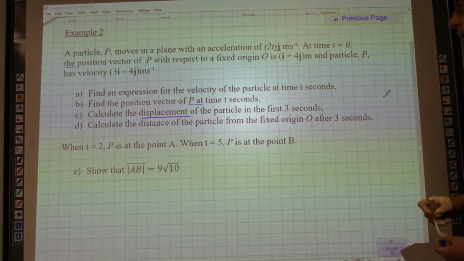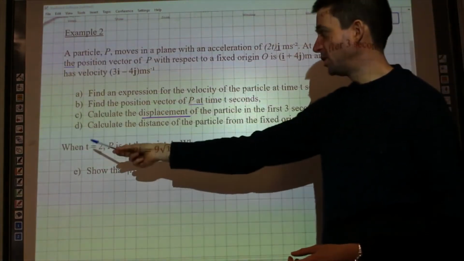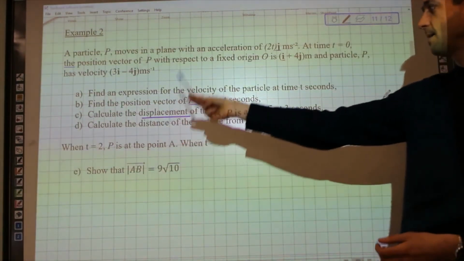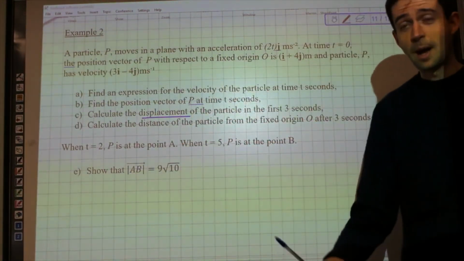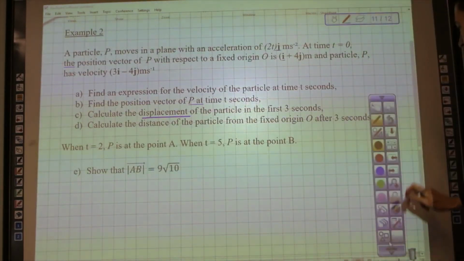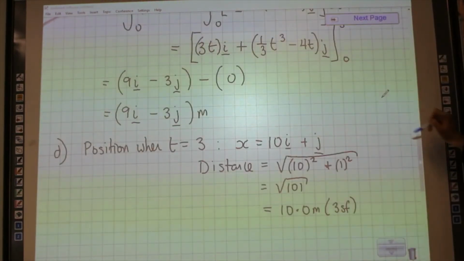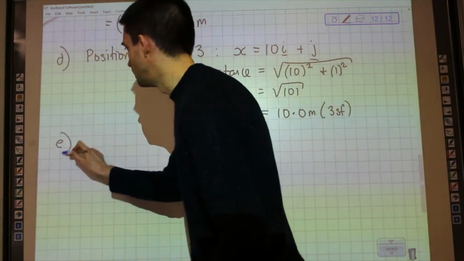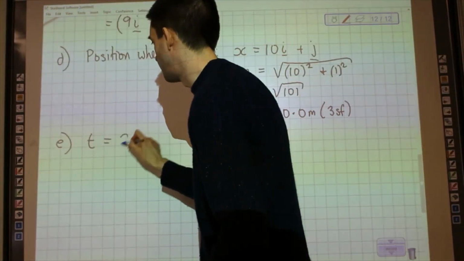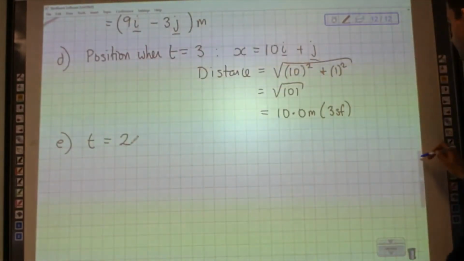And finally part E, when t is 2, P is at the point A, when t is 5, P is at the point B. Now this is talking about position, so what I'm going to do is substitute t is 2 into my position vector, and substitute t is 5 into my position vector.